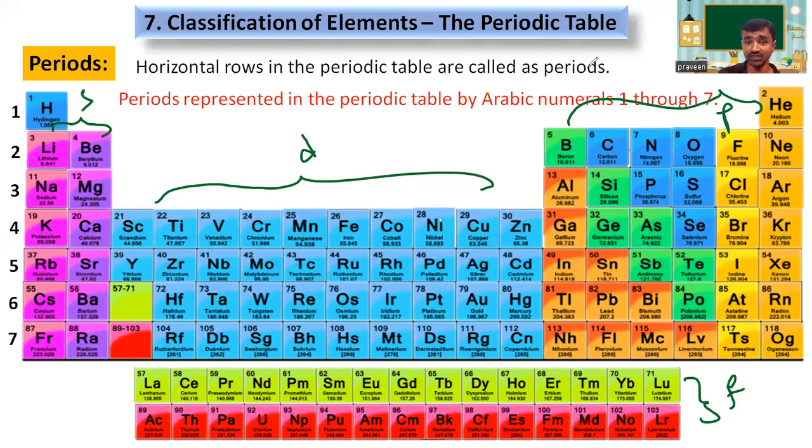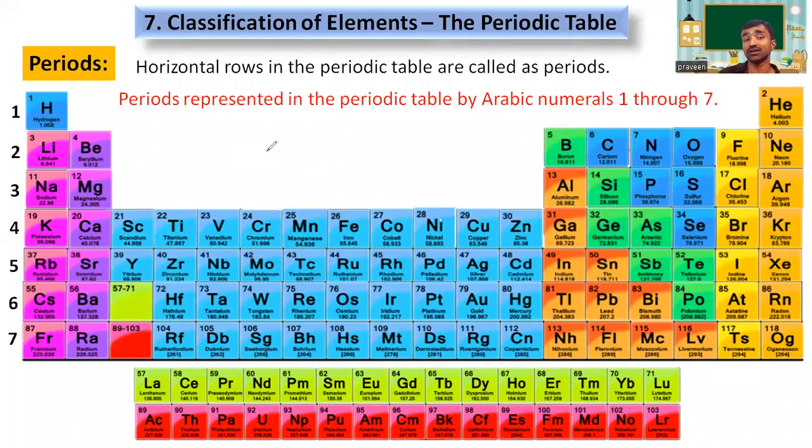So here we are discussing periods specifically. How many elements are there in the first period? It is 2. What about the second? It is 8. What about the third? 8. Fourth and fifth? 18 and 18.